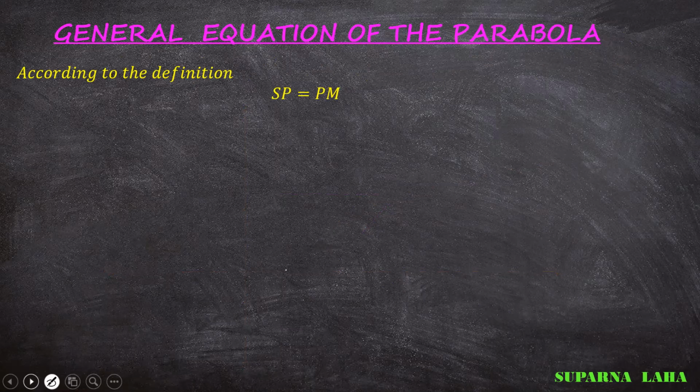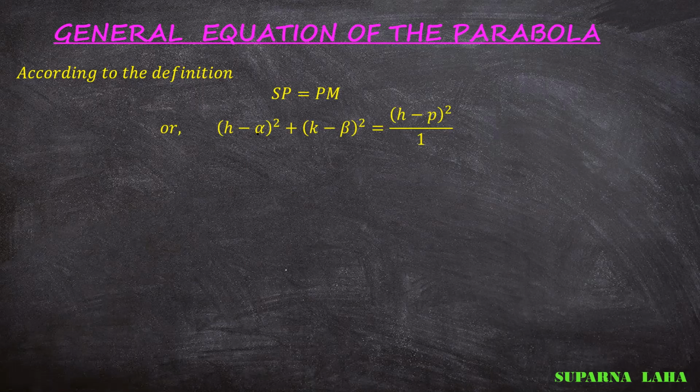You all know how to find the distance between 2 points. So SP is h minus alpha the whole square plus k minus beta the whole square, under a root. On both sides I am taking the square, so that's why I have not written the root here.